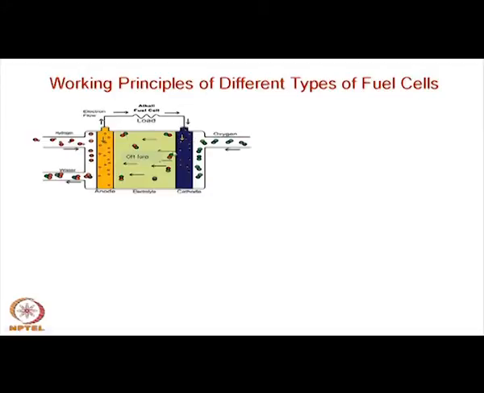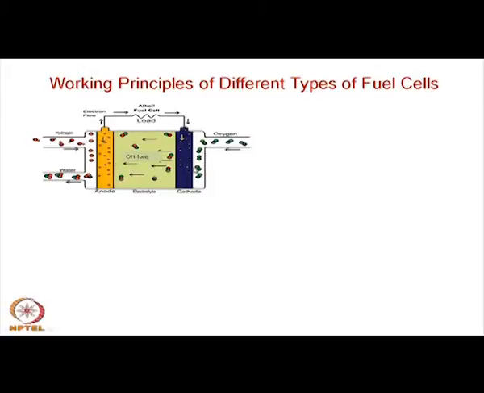So, the OH ion, because it is negatively charged, takes the oxygen from this side and goes to the other side. One can also look at it from the other point of view. The hydrogen here combines with the OH.